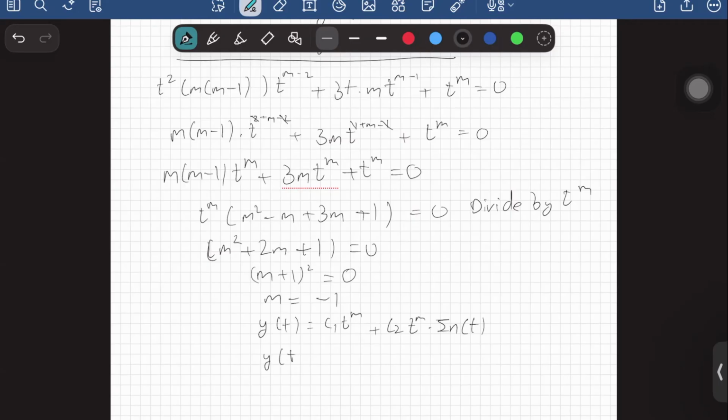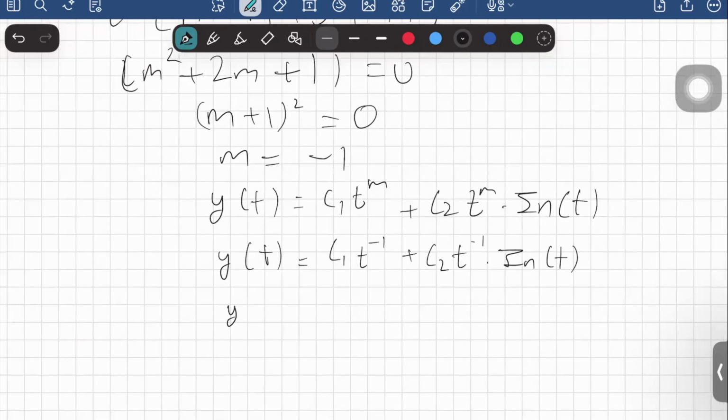If we plug the value of m in, what we get is c1 t to the power negative 1 plus c2 t to the power negative 1 multiplied by ln of t. When we simplify this, we end up getting y of t is (c1 plus c2 ln t) over t. We can just add them because there's a t to the power negative 1 in both.